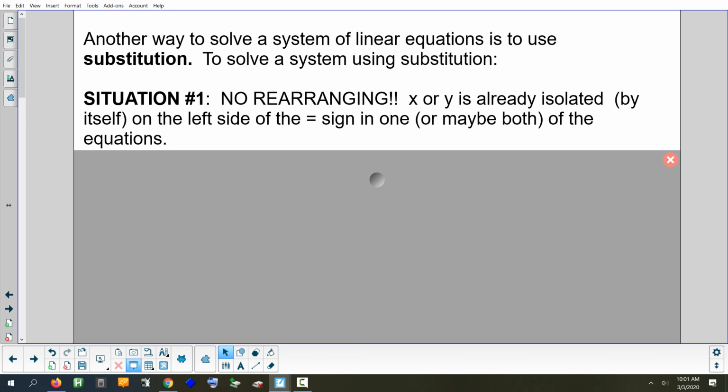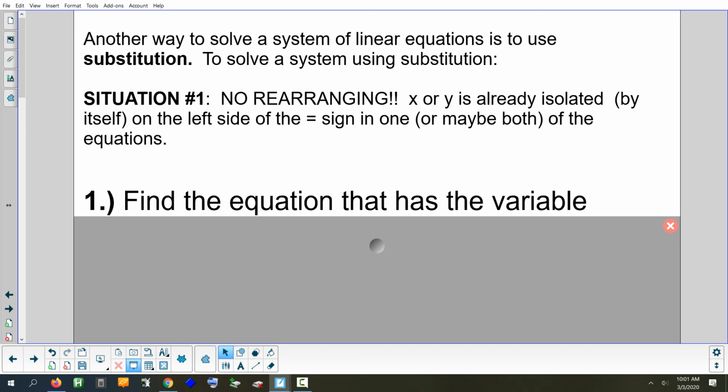If you don't have an x or a y by itself, we'll look at that tomorrow. Okay? Okay, so that just tells you what situation it is. Okay, this is the easy one.